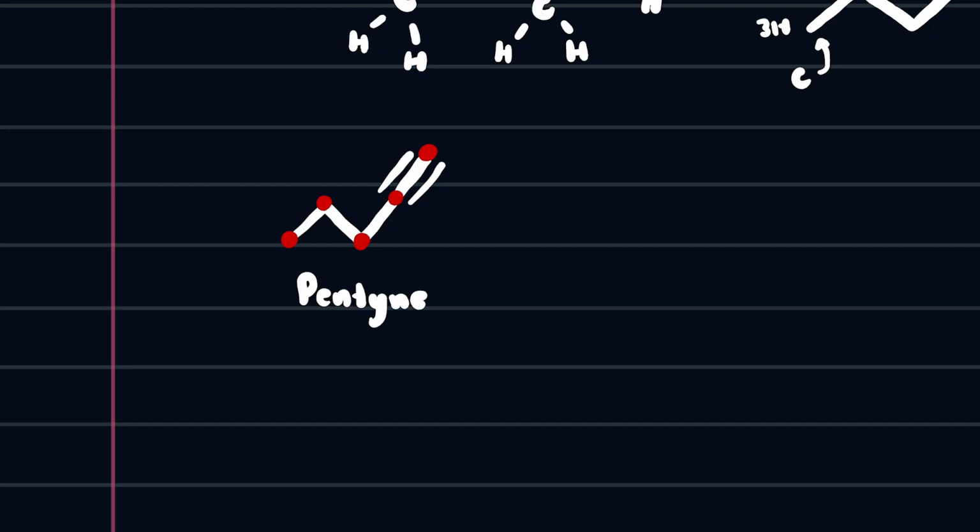You have not learned the "-yne" suffix, but that is when there's one or more triple bonds. This carbon right here has 1, 2, 3 bonds to carbon 2, which is this carbon. As a result, since it has 3 bonds to carbon 2, it only has 1 hydrogen attached to it.